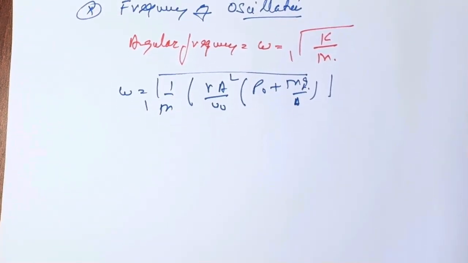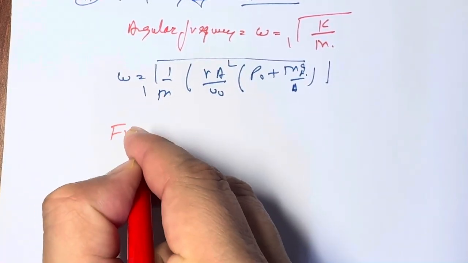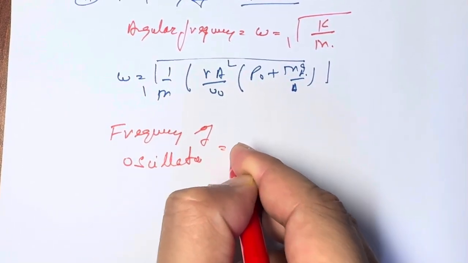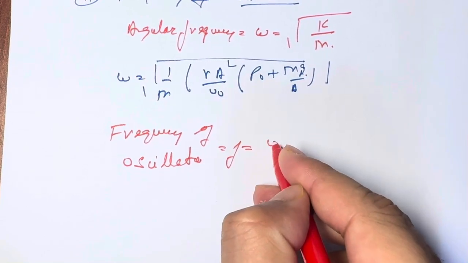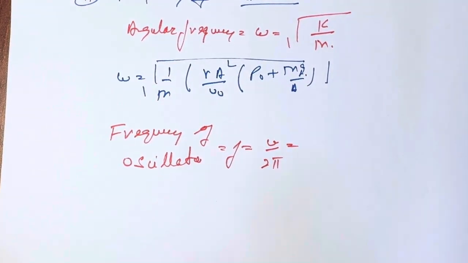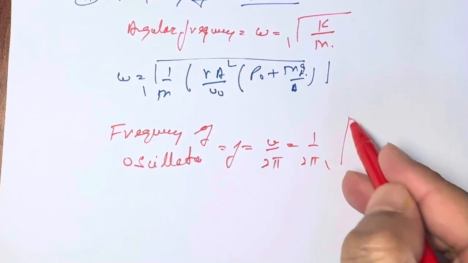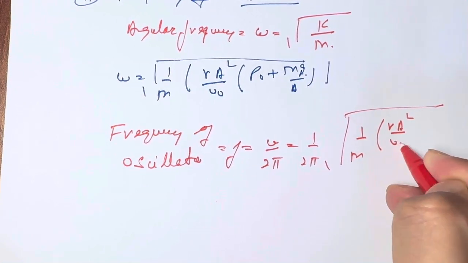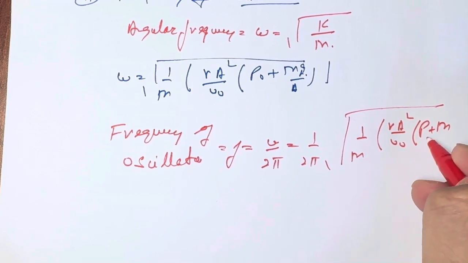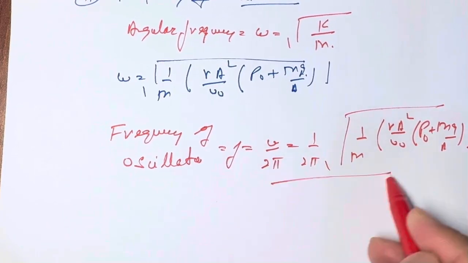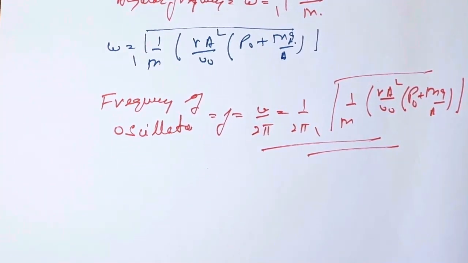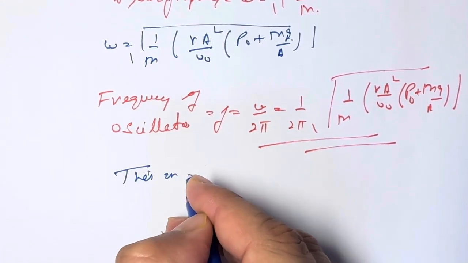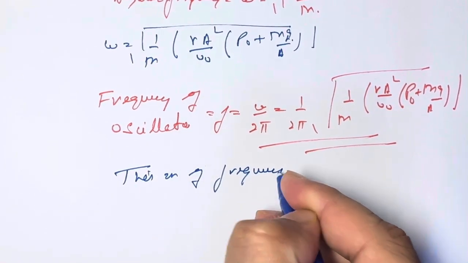So therefore the frequency of oscillation f will be equal to omega upon 2 pi, which gives us 1 upon 2 pi times the square root of 1 upon m multiplied by gamma A square upon V naught times P naught plus mg upon A. This is the equation for the frequency of oscillations, which we were supposed to find out.